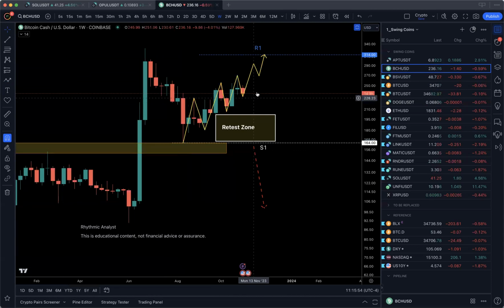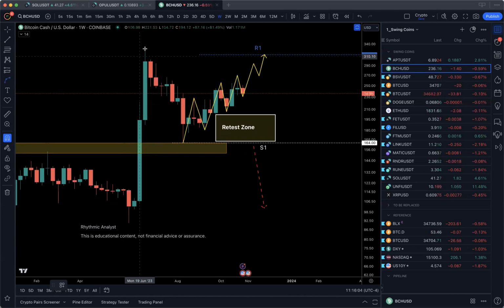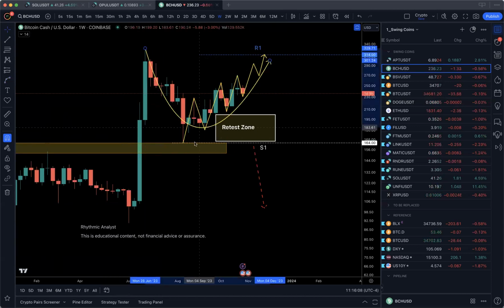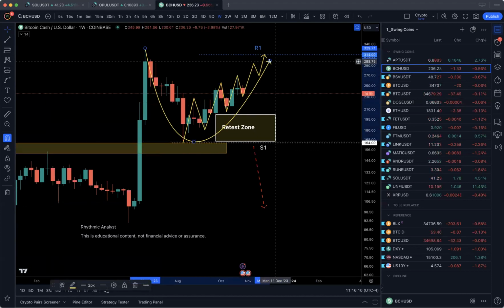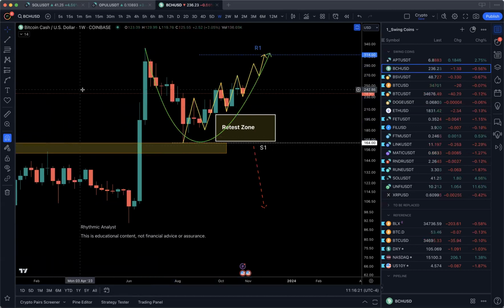It may not be a straight line. Eventually, what you're seeing is this kind of arch or curve. That's how it is progressing.